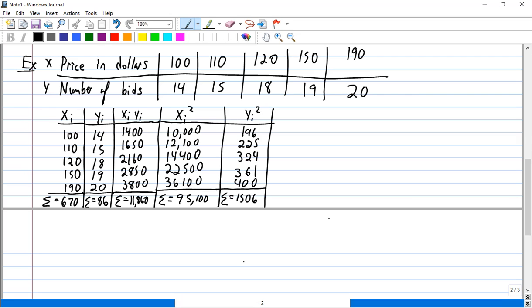I need one other value that was in my formula, and that was n. N is the pairs of data items that we have. Remember, I have an x and a y. So n is going to be equal to what? The pairs, so it's 5 pairs of items. N equals 5.